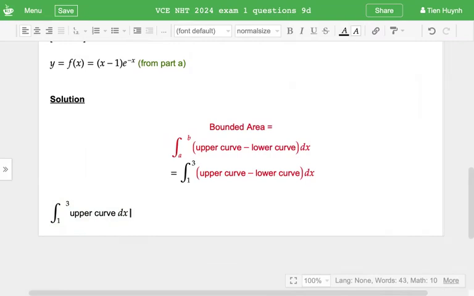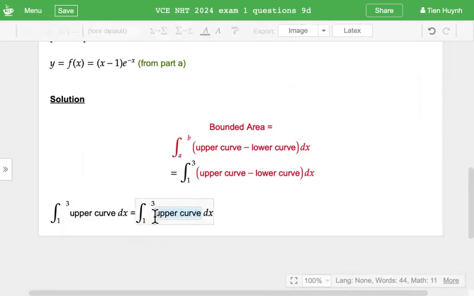The upper curve is g of x, right? So I just replace all of this here with g of x. I hope it is understandable.